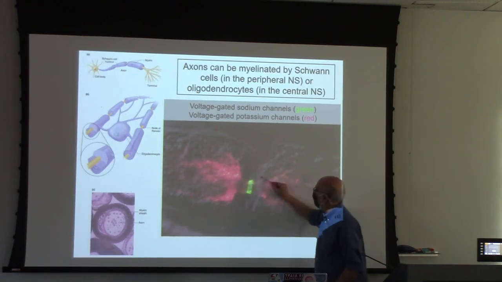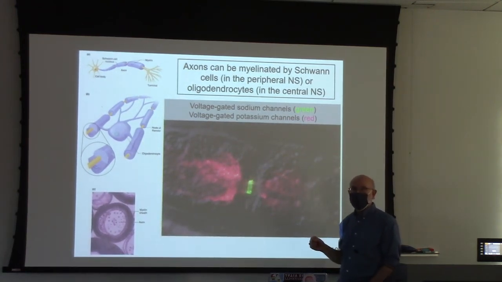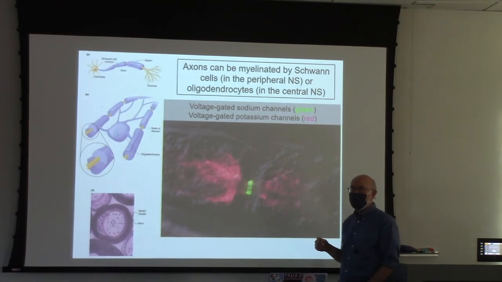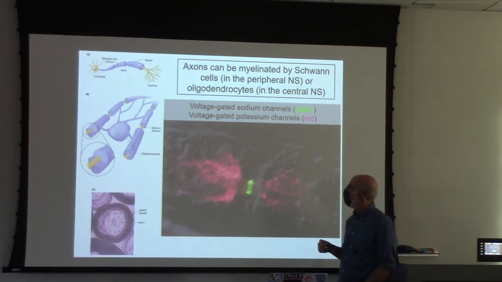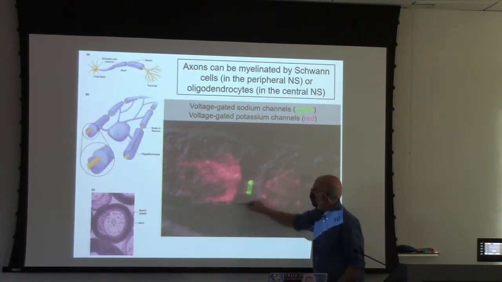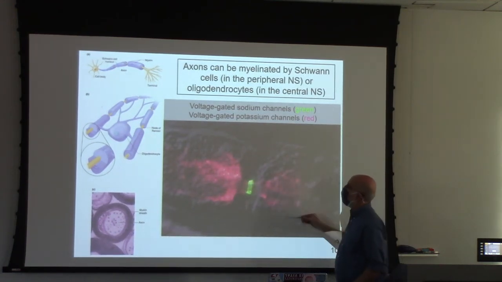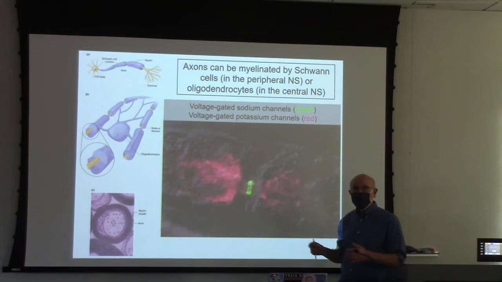And the pink label is voltage-gated potassium channels that we're going to talk about in a few minutes. So channels are highly concentrated at the node of Ranvier and nearby. Myelin insulating the axon.